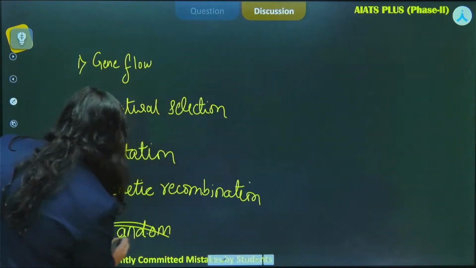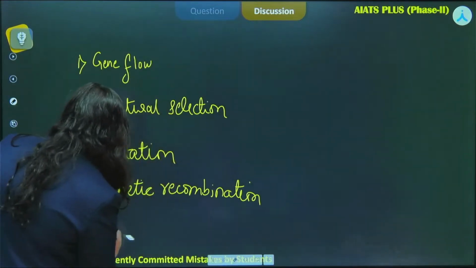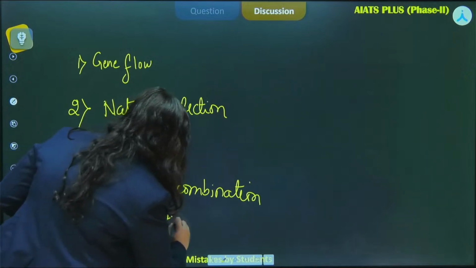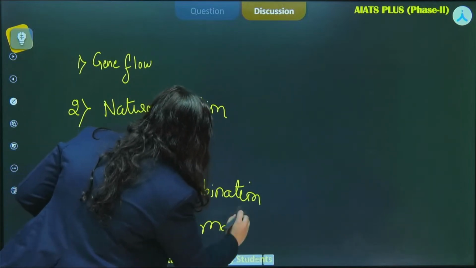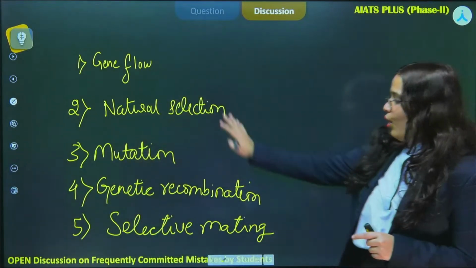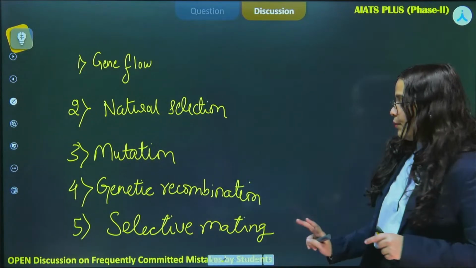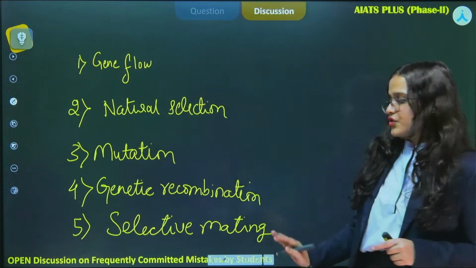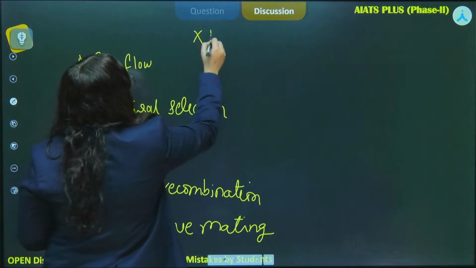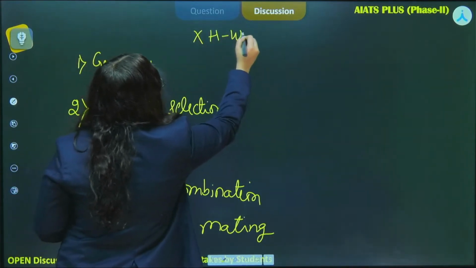So basically selective mating should be absent. So basically if all these factors are present in a population, then the population will not follow the Hardy-Weinberg equilibrium.